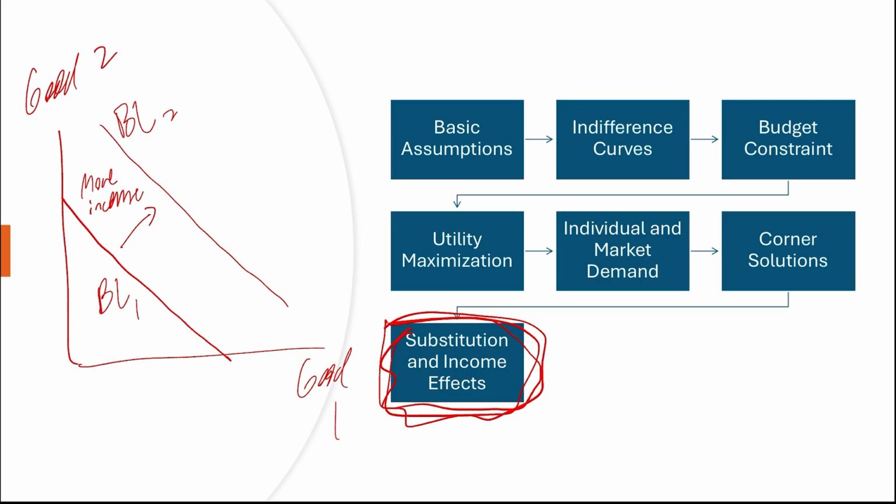If we have a change in the relative prices of these goods, that means we're going to change the slope. Let's say the price of good 1 goes down. If we spend all of our money on good 1, we can now buy more of the good, but if we spend all of our money on good 2, we can still afford the same amount. So if the price of good 1 goes down, this budget line would rotate like this.